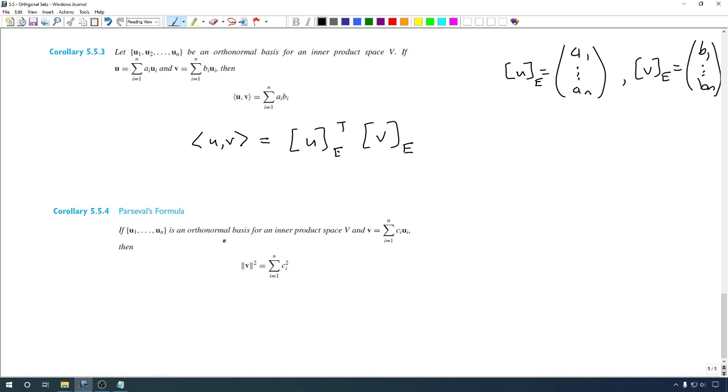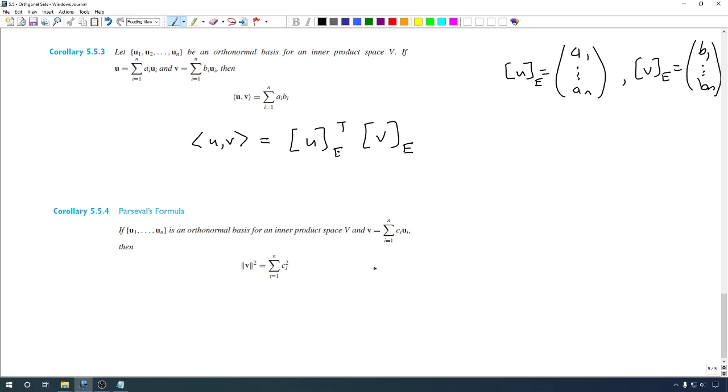What about the norm? Well, we have exactly the same thing. The norm squared is just a sum of the squares of the coordinates, just like we had in our standard basis.